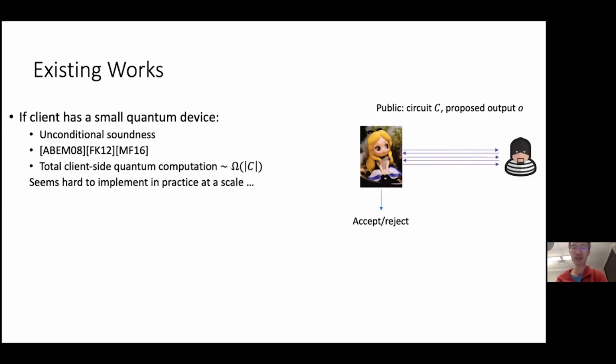Because in terms of client-side quantum computations, if we consider the total number of gates, actually there's no decrease on the amount of computation that needs to be applied by the client compared to the original circuit, which is a big drawback.